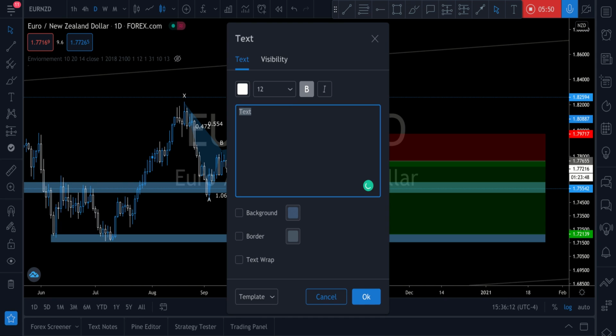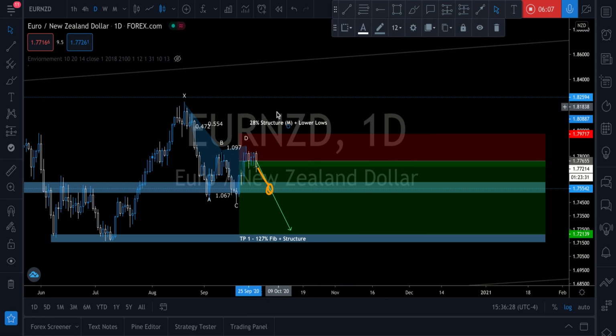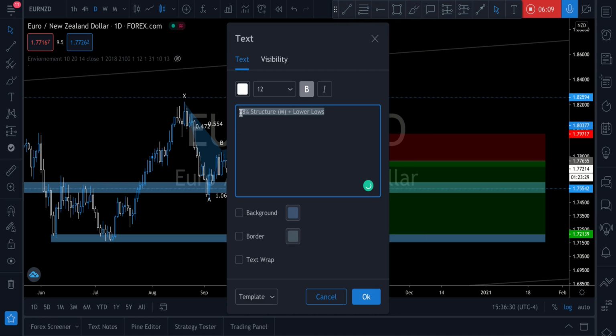This is also a 38% structure on the monthly. It's 38. And then we're going to do plus harmonics.